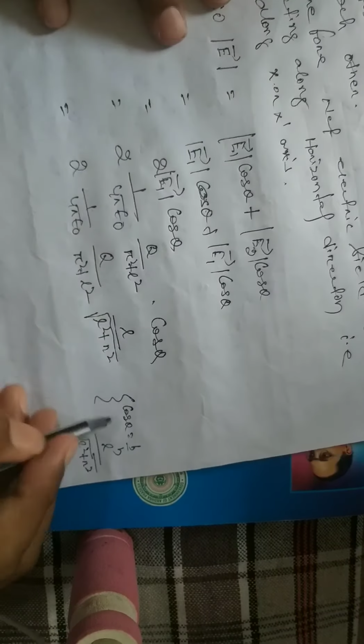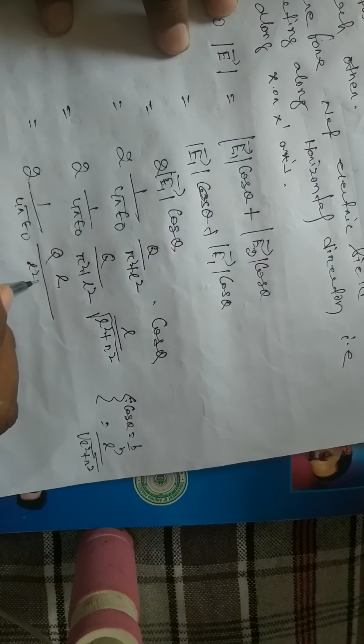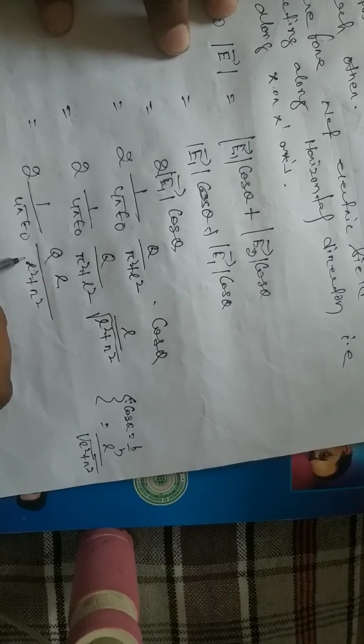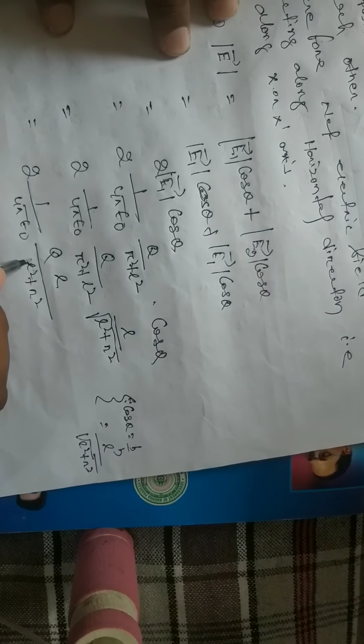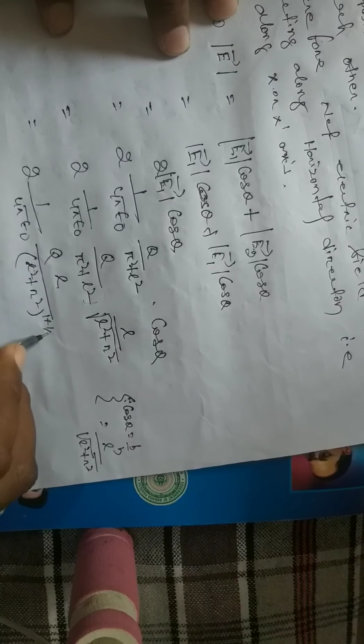Okay, that is the representation. That means 2 into 1 by 4 pi epsilon 0, q is here, l is here, divided by (l square plus r square) whole power. This one is a root, meaning half, and this one is 1, so 1 plus half.